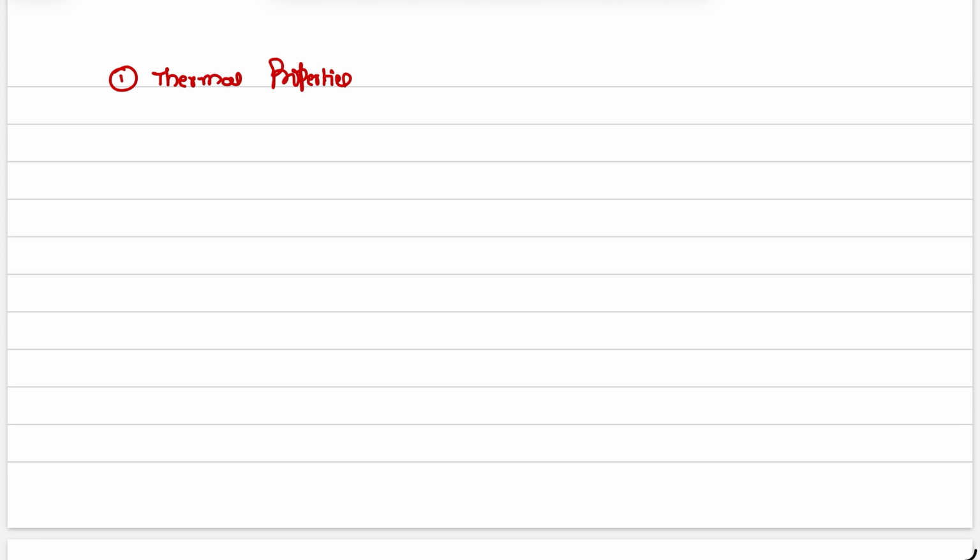Till now what have we studied? Pressure, volume, temperature, and also specific heat capacity. Now, there is another property, called a property of the system.